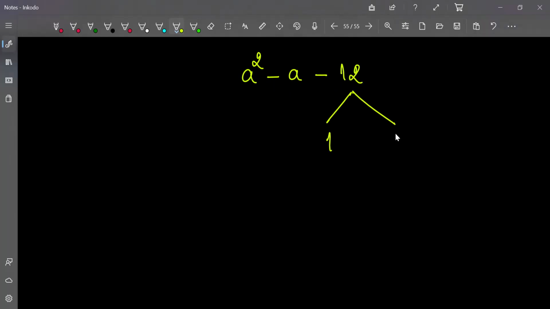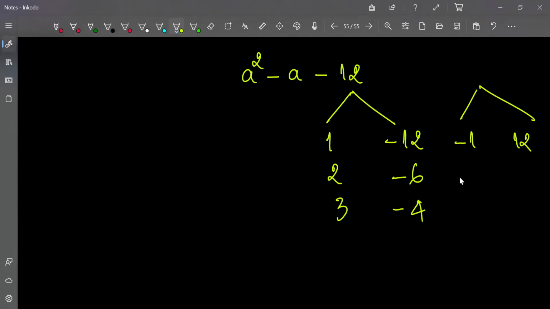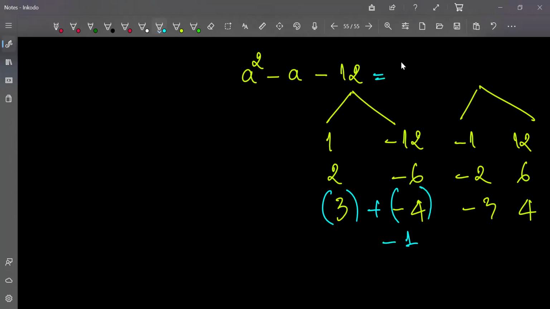So 1 and negative 12, 2 and negative 6, 3 and negative 4, and another pair is negative 1 and 12, negative 2 and 6, negative 3 and 4. Now find which pair adds up to negative 1. Yes, this is the pair because 3 plus negative 4 is equal to negative 1. So our expression becomes (x plus 3)(x minus 4).